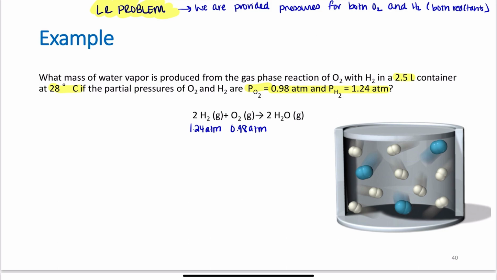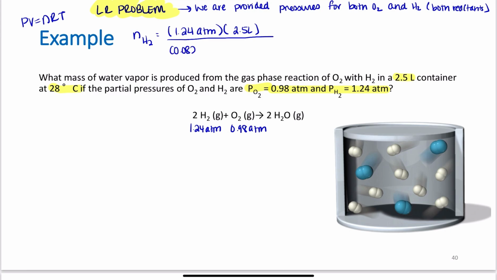So let's go ahead and calculate the number of moles of each species and then see which one's my limiting reactant. Number of moles of H2. Again, I'm using PV equals nRT to do this. So PV over RT equals n. My pressure of hydrogen is 1.24 atmosphere. My volume is 2.5 liters.